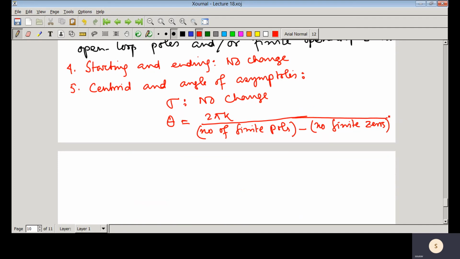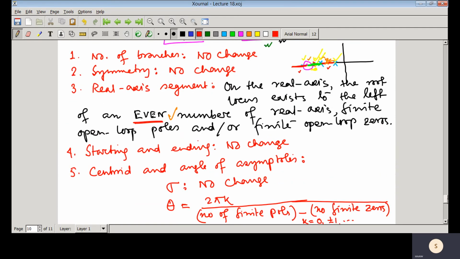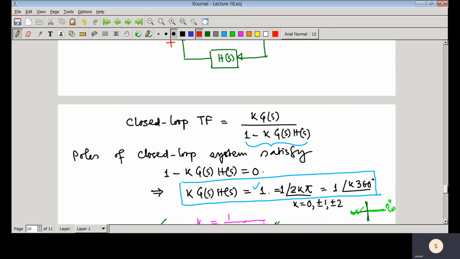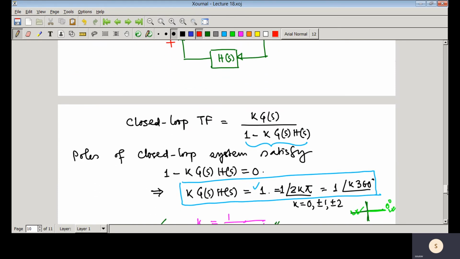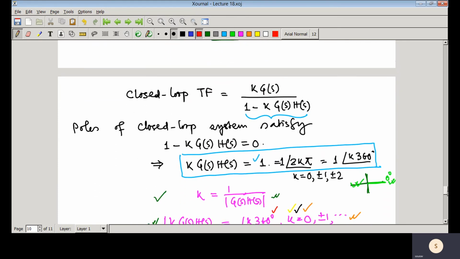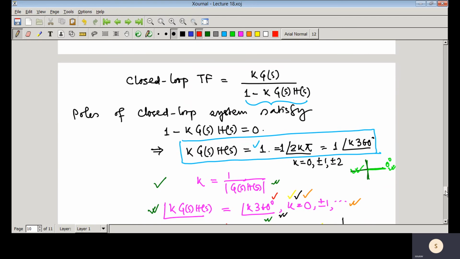So here there is a change in that formula, and here this k is 0, plus minus 1. So what we have seen is, in place of negative feedback, if we consider positive feedback, what are the changes that we can see in the rules for sketching that root locus?